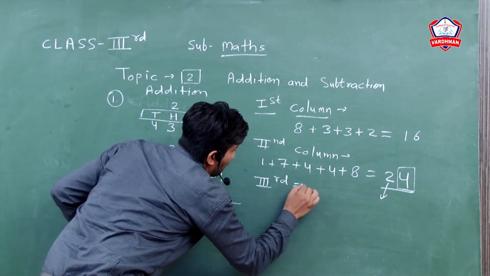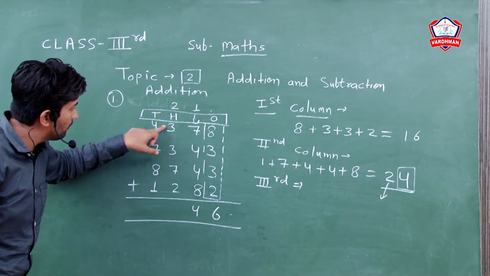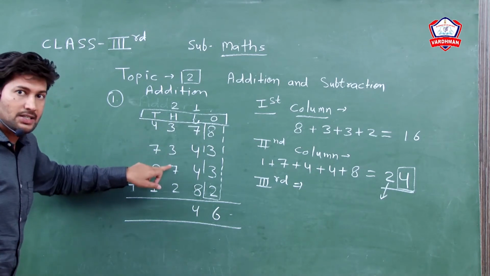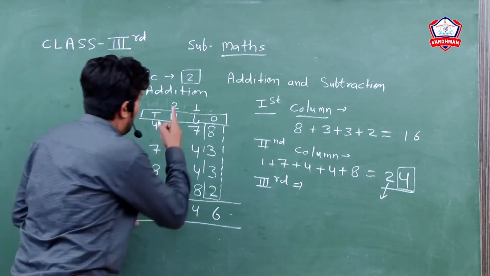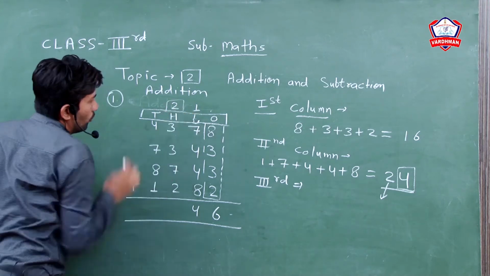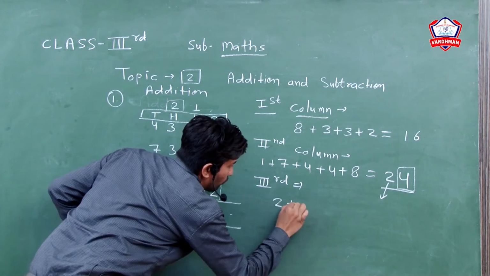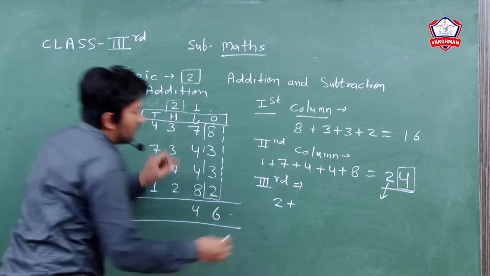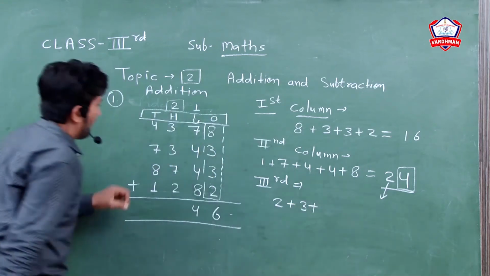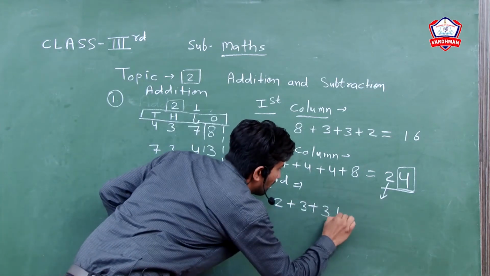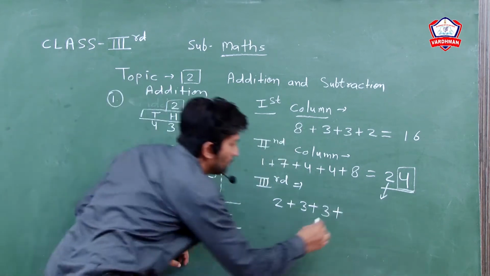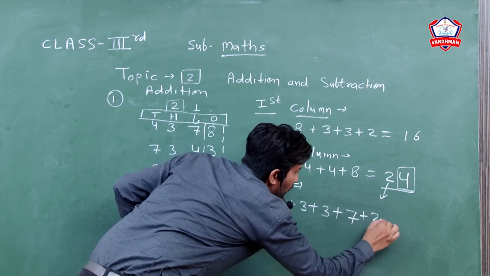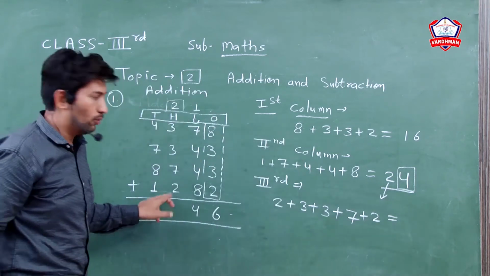The third column has 3, 3, 7 and 2, and also the carry is 2. So we will start with carry 2, first 3, second also 3, third 7 and fourth 2.